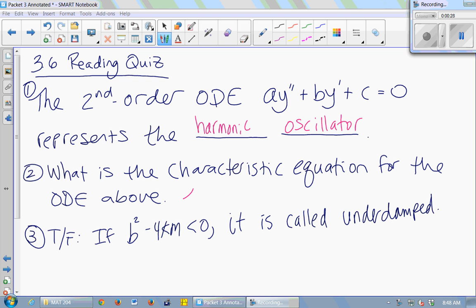It's m s squared plus b s plus c equals 0. And if b squared minus 4km is less than 0, this basically is the thing under the radical of the harmonic oscillator. If it's negative, we call it underdamped. True or false? True.